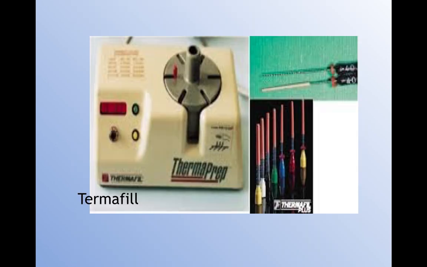This is the Thermafil, the stove for melting, for the heating of the guttapercha. The obturator is for filling of the canal, and the verifier is for measuring the diameter and length of the canal.